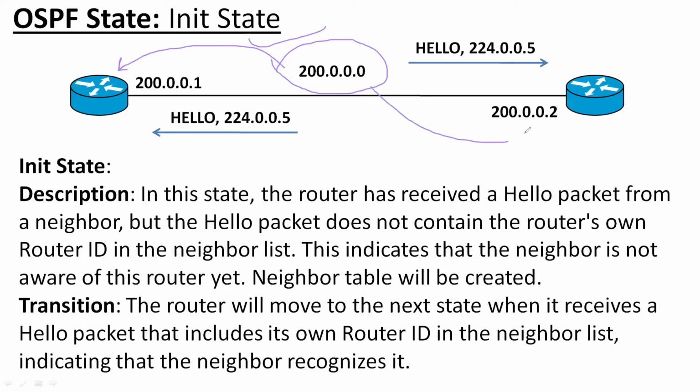The router will start forwarding a hello packet, but the hello packet will only contain its basic information like the source IP address, and it will not contain the router ID in the neighbor list.